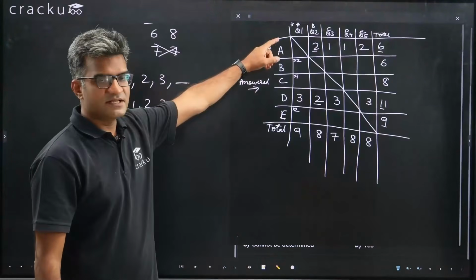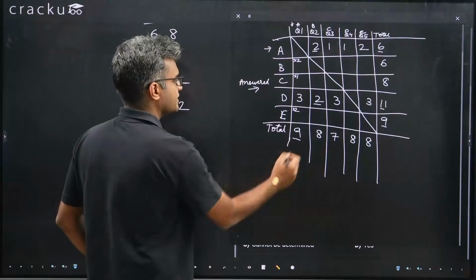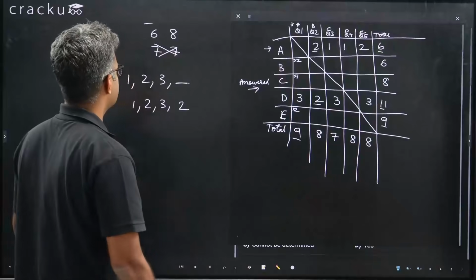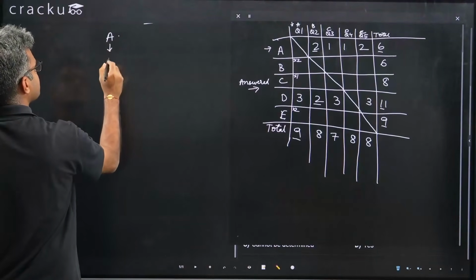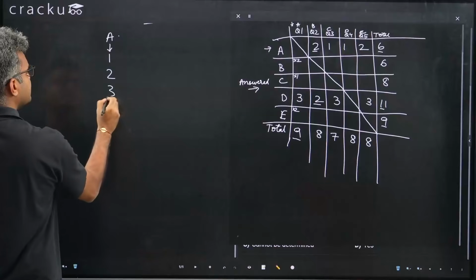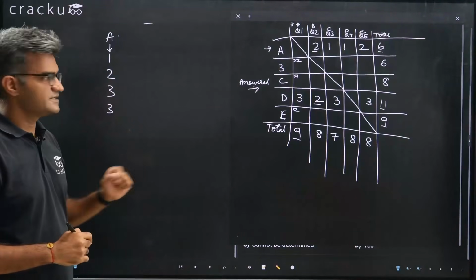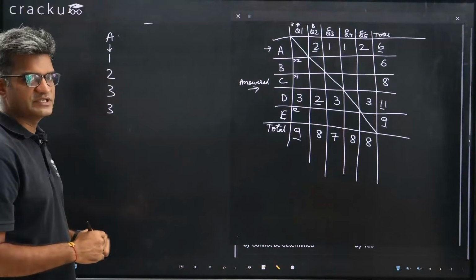Similarly, if you are looking at the answers received by Alia's question, the total is equal to 9. So what can we infer there? For Alia's question, you will have 1, 2, 3 and 3. Because 1 plus 2 plus 3 is 6, and the total number of taps received by Alia is 9, the last one has to be 3.